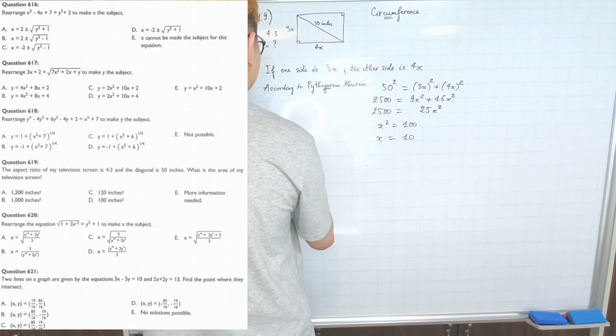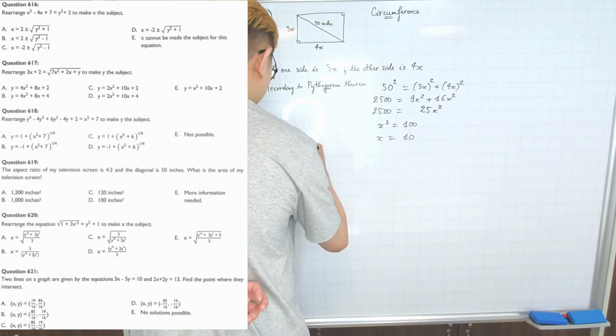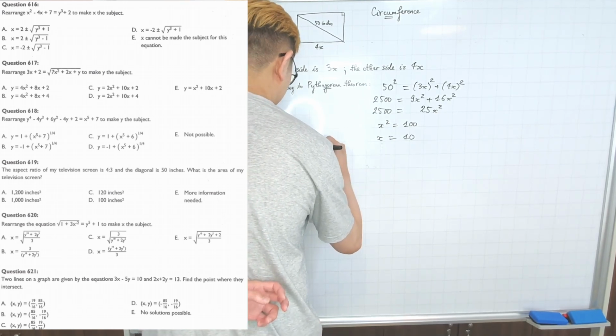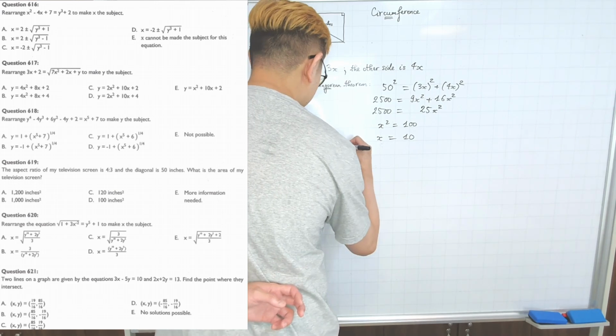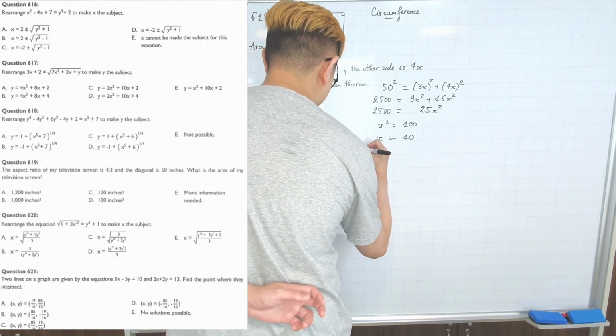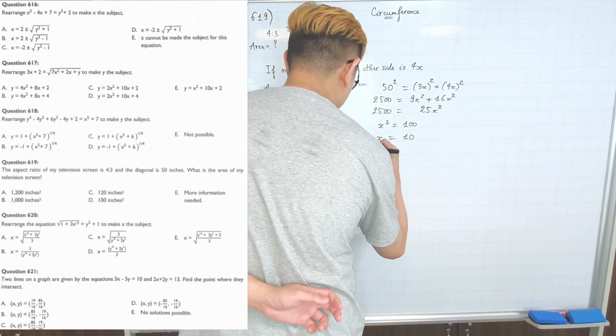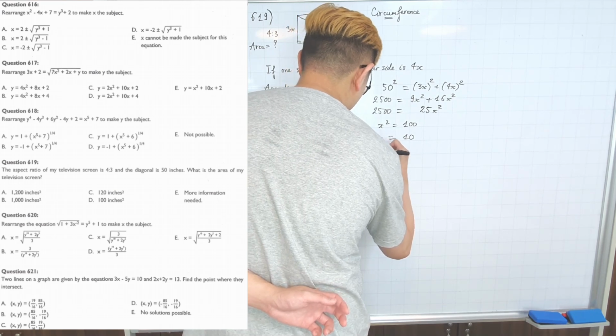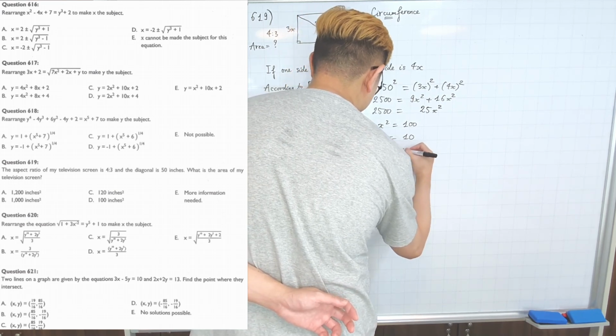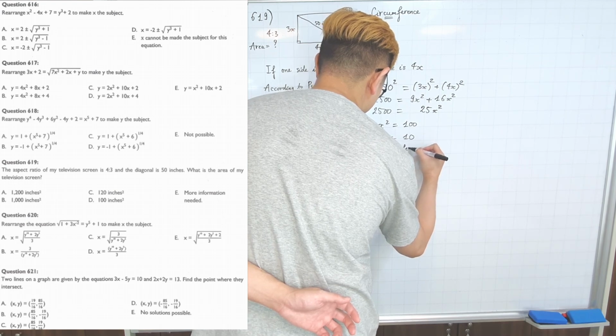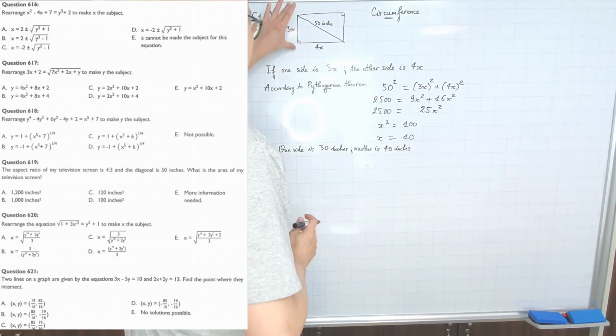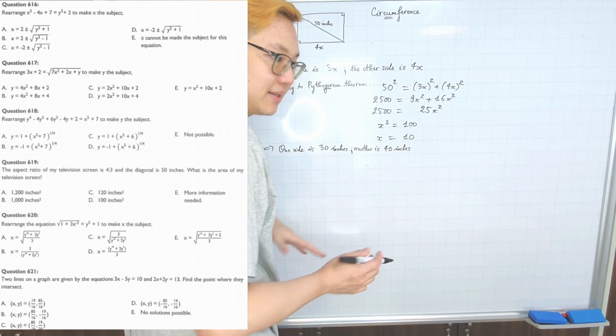So what does it mean? One side is 30 inches. Another one is 40, right? Okay, so now the area is just these two multiplied.